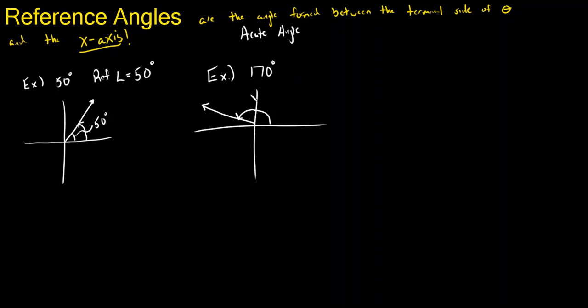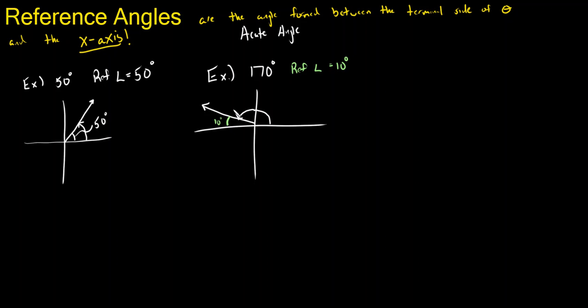The x-axis is right here, so what is this little angle? If this whole rotation is 180 degrees and I want 170, that means this little angle is 10 degrees, which means the reference angle is 10 degrees.